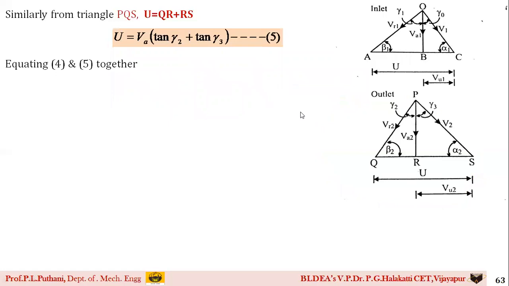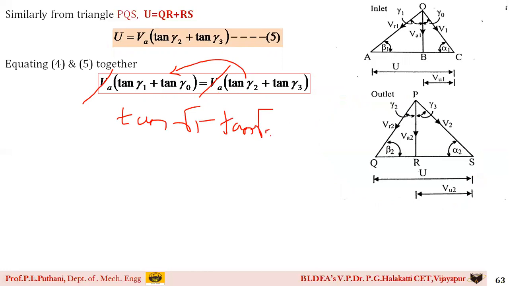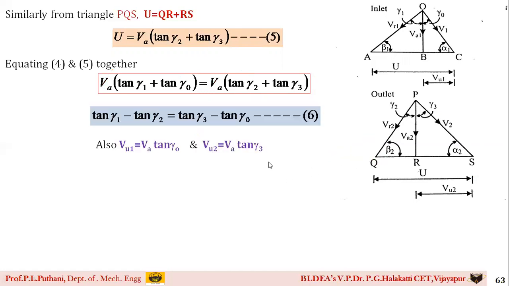Shifting terms to the other side, it becomes tan gamma 1 minus tan gamma 2 is equal to tan gamma 3 minus tan gamma naught. So on simplification, I get this.